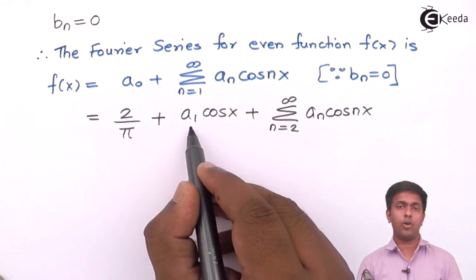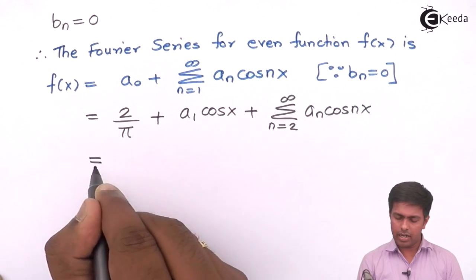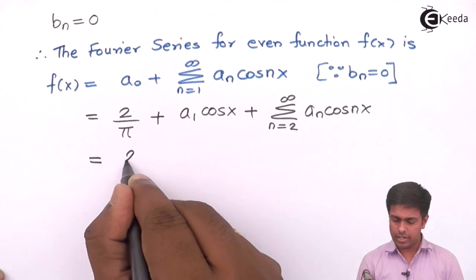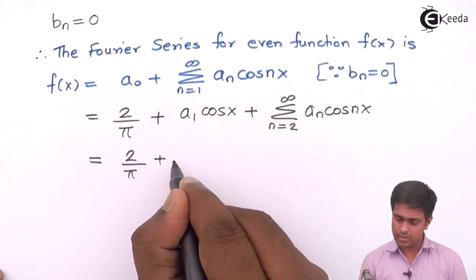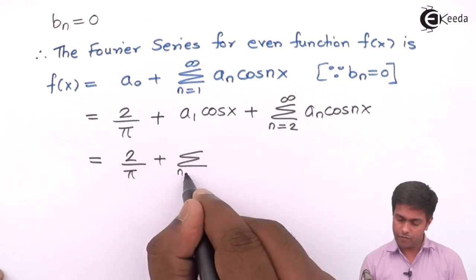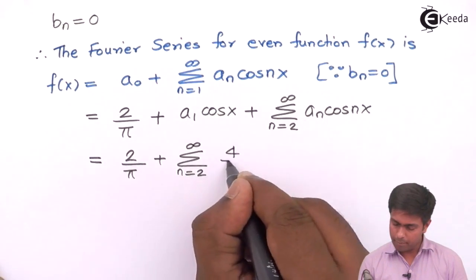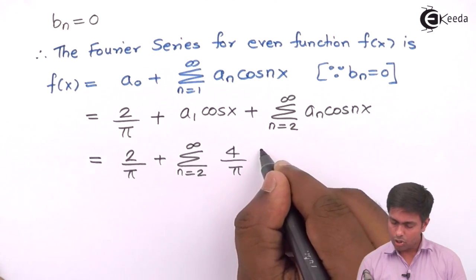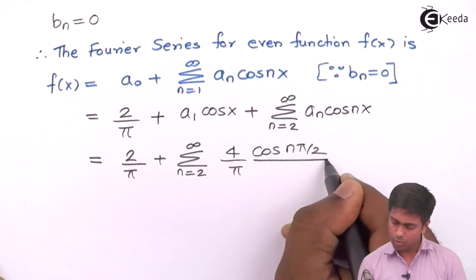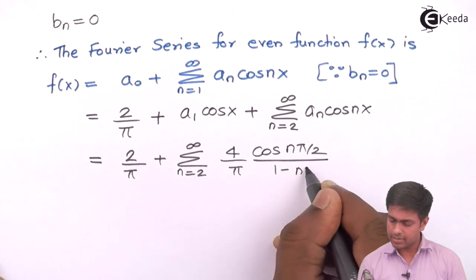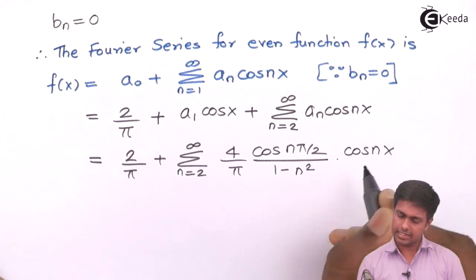Now I'll put the value of a1 separately, which is 0. So we'll say 2 by pi, plus summation n from 2 to infinity, 4 upon pi, cos of n pi upon 2 upon 1 minus n square, into cos of nx as it is.